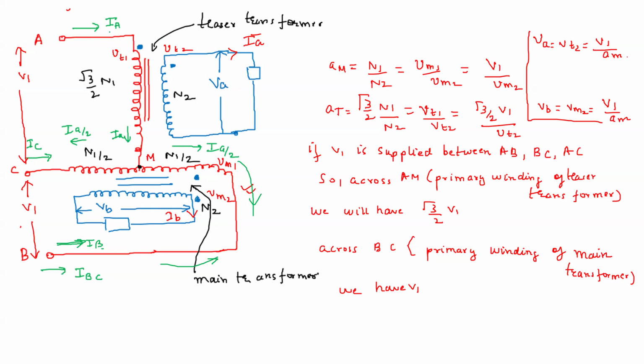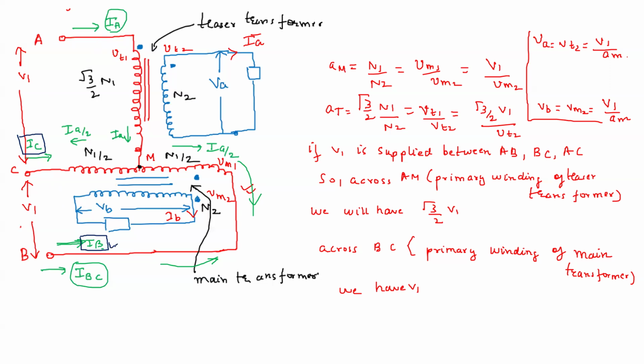So on the basis of this IA and IBC, which flow due to this small ia and small ib on the secondary side, due to the loads connected across them, we have to now find what are the values of IB and IC. Okay, so this IB and IC we have to find from this IA and IBC. So we know that this IA is anyway the same as the A phase current, so we don't have to solve for it again.